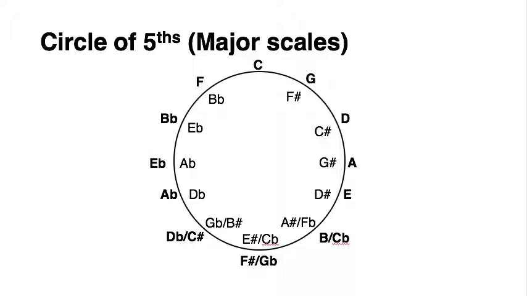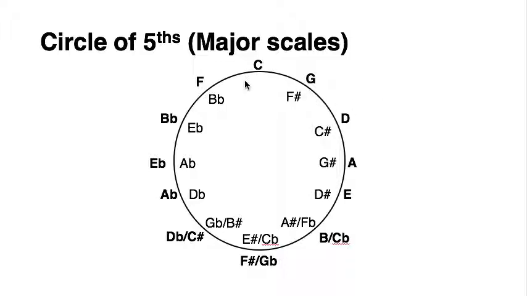So let's review a little bit about the circle of fifths with major scales. Remember here that on the outside of the circle, what you have are the names of the major scales or keys represented by uppercase letters. At the top you have C, C major, which is a major scale that does not contain any accidentals.